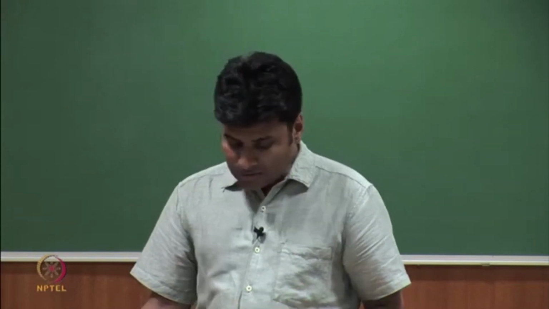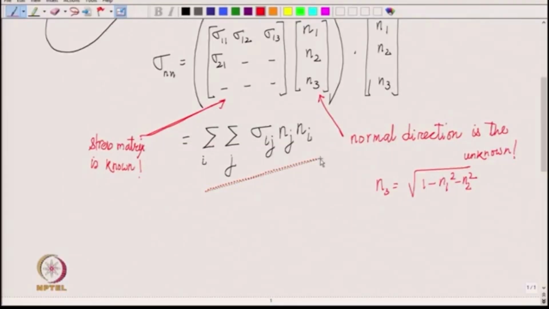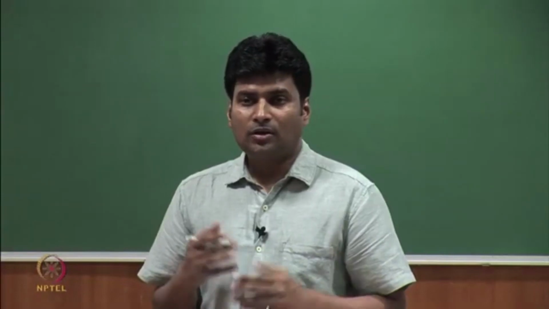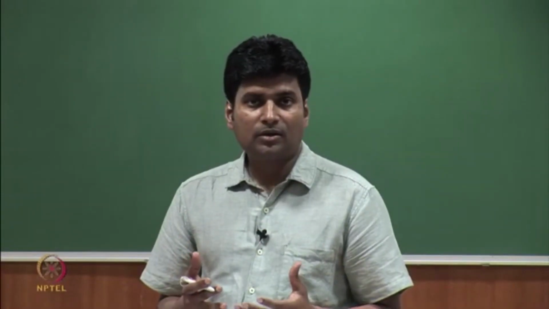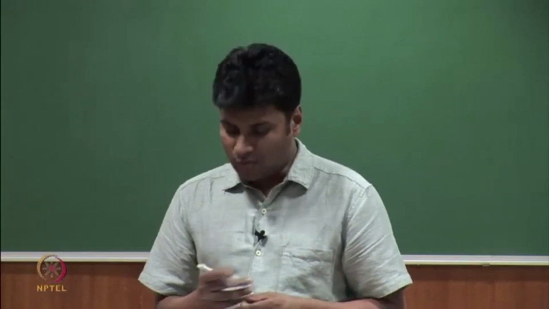So, the function that we have to minimize, I add to it the constraint term, where the constraint is that the magnitude of the normal vector is unity. Okay.